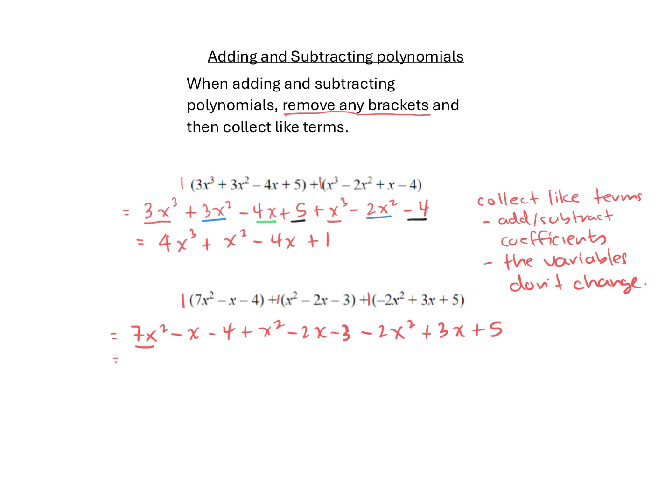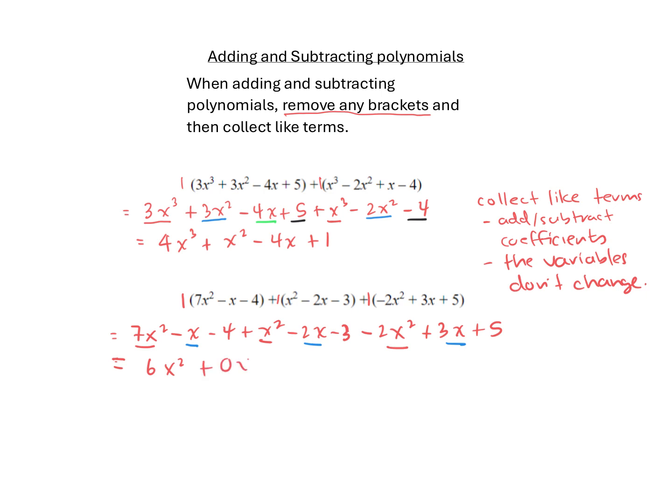Okay, so x squared, x squared, x squared. Those are like terms. So we've got 7 plus 1 is 8. 8 minus 2 is 6. We've got an x, and an x. Those are like terms. So we've got minus 1, minus 2 is minus 3, plus 3 is 0.